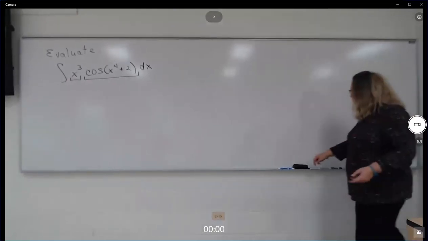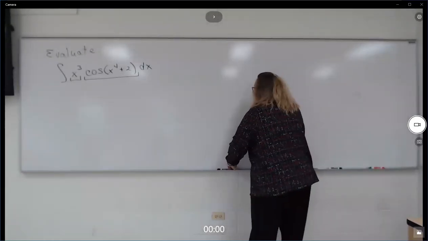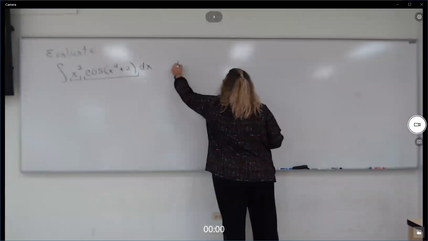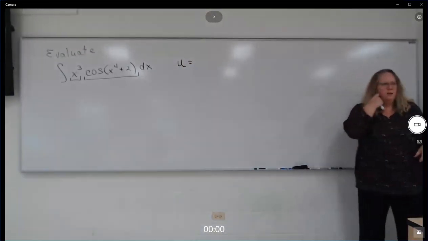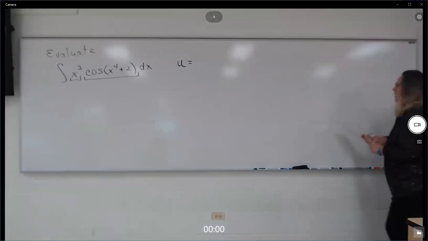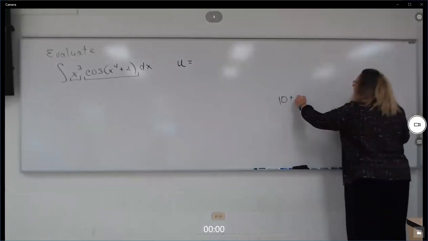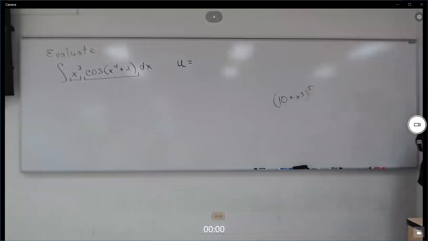Anyone want to guess or try what our u is going to be? What is something that has something else with it? Like on that last problem, it was a quantity, and it also had that extra power of 5.